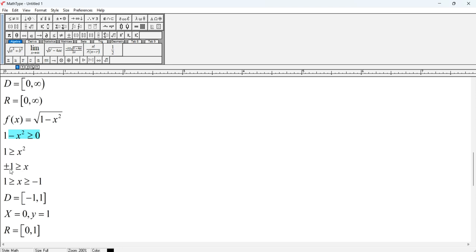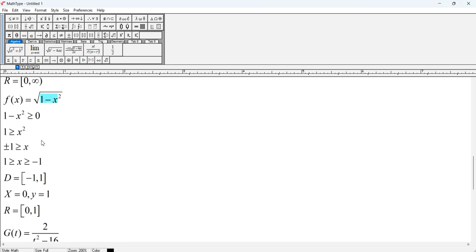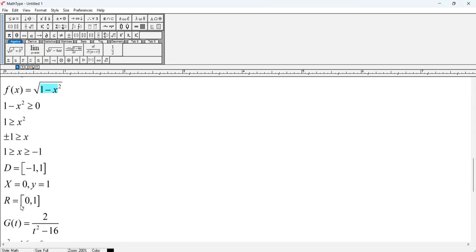We simplify: x should be larger than minus 1 and smaller than 1 to make this expression a positive number or 0. So the domain is minus 1 to 1. When x equals 0, f of 0 equals 1, and when x equals minus 1 or 1, the function is 0. So the range is from 0 to 1.